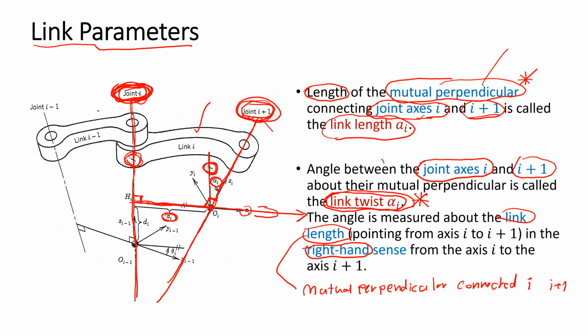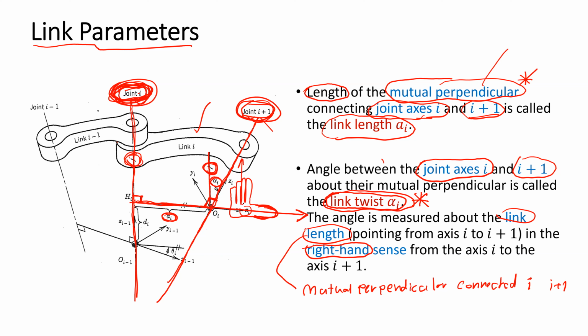To obtain the link twist, you need to use your thumb to point to the direction of the mutual perpendicular, and then use your forefinger in the direction of joint i, upward.